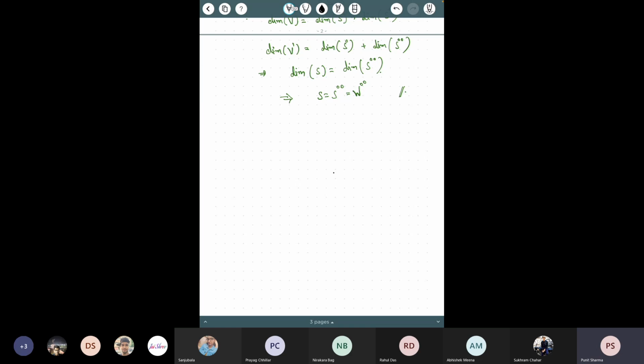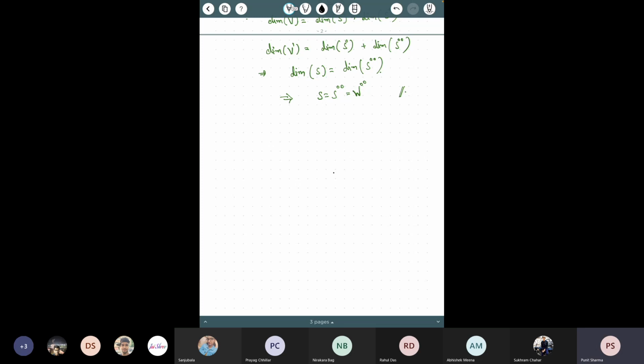Now for matrices, you know the transpose. You can always interchange rows and columns, and that's how you obtain the transpose of a matrix. But then can we talk about transpose of a linear transformation also?